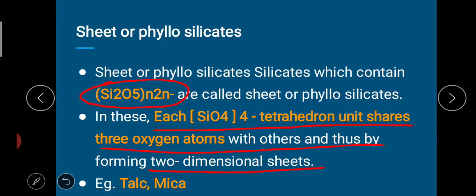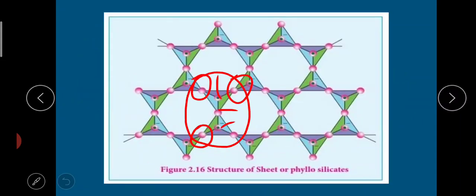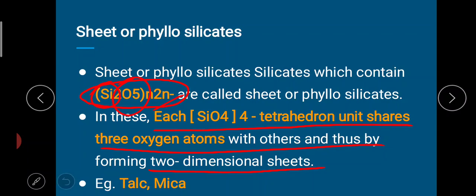So Si2O5, n, because n number of units. The charge, how we are getting 2 minus is, if you see the charge here, only one at the center, another one at the center here. Remaining, since they are sharing, they won't carry any charge. So we write it as Si2O5, n, 2 minus.